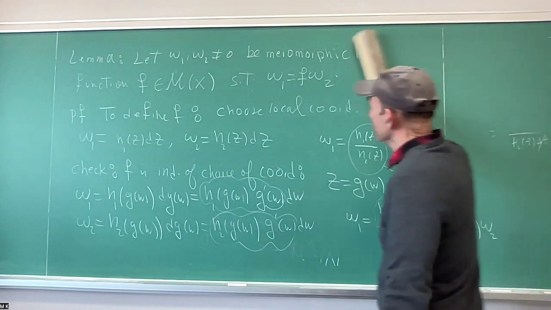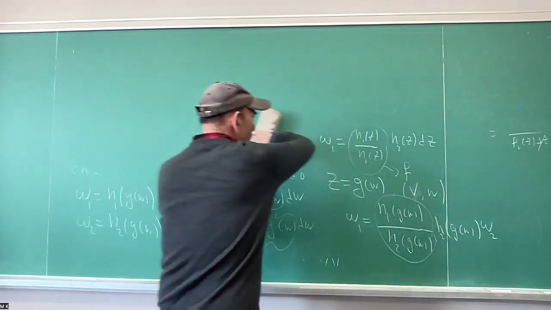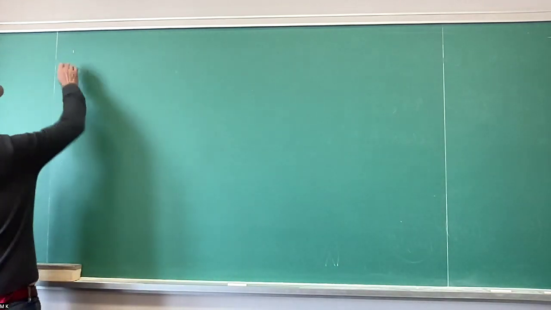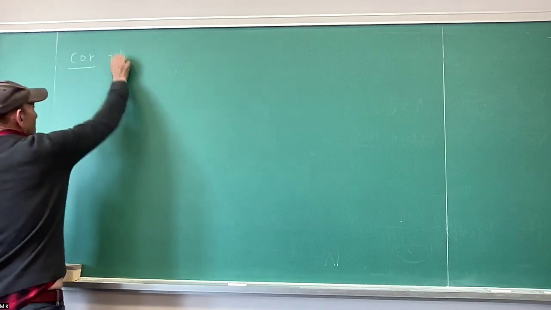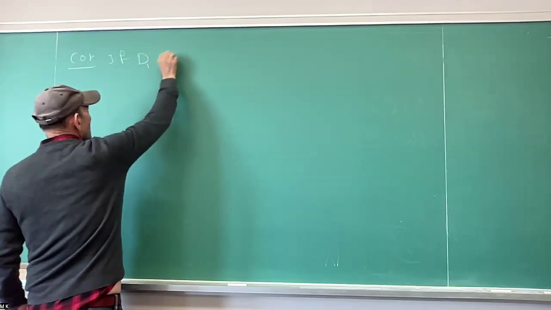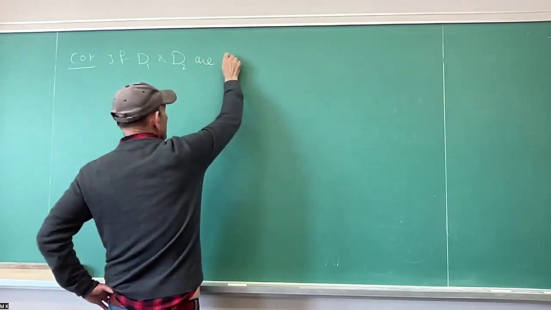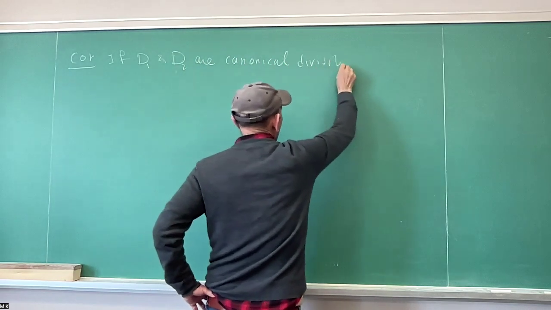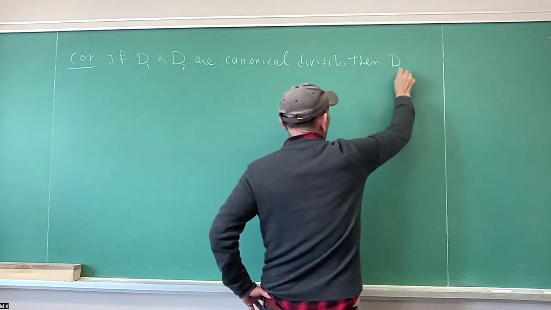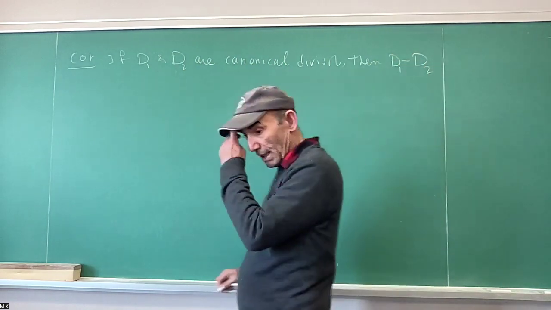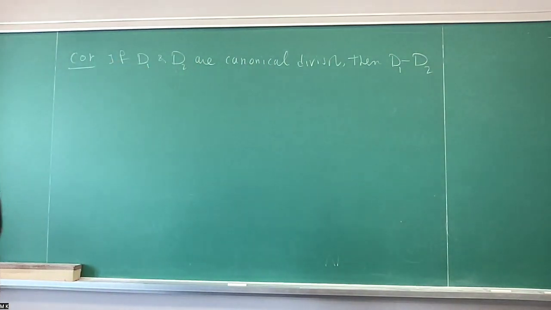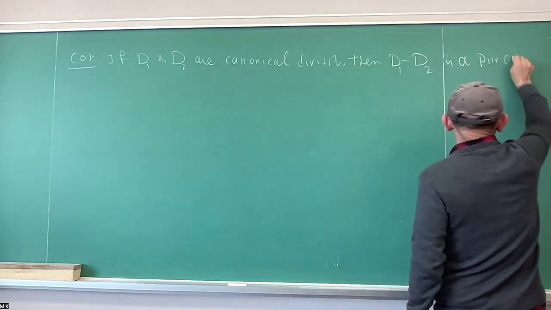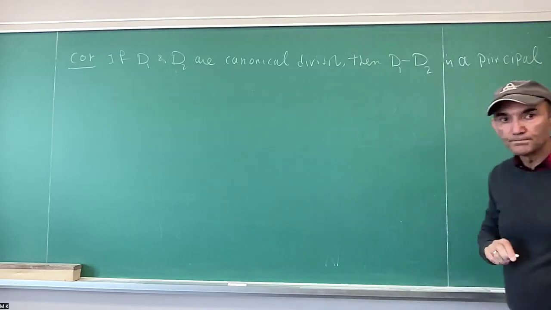The corollary is the following: if you have two canonical divisors, if D1 and D2 are canonical divisors, then D1 minus D2 is a principal divisor.